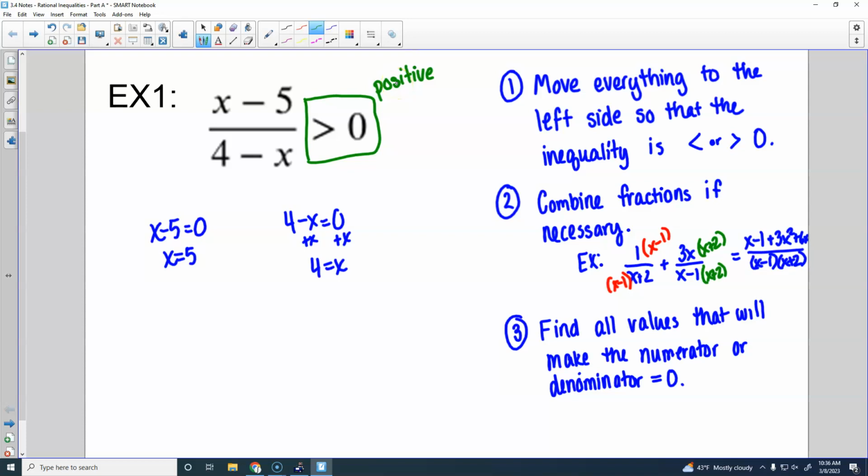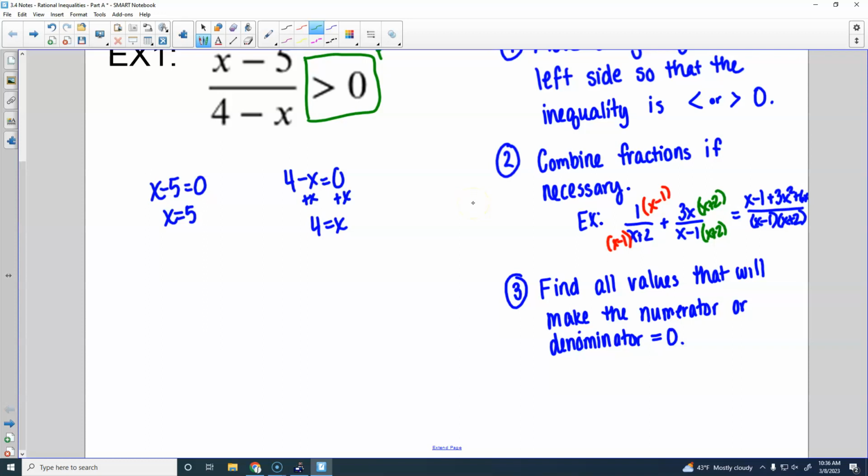So what we are going to do next, step 4, put these numbers on a number line.